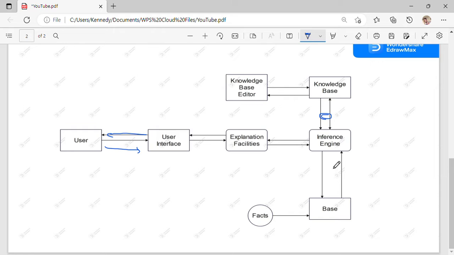This should be a database, not just a base, but a database right here. This database stores our information, which we may refer to as our facts, right?